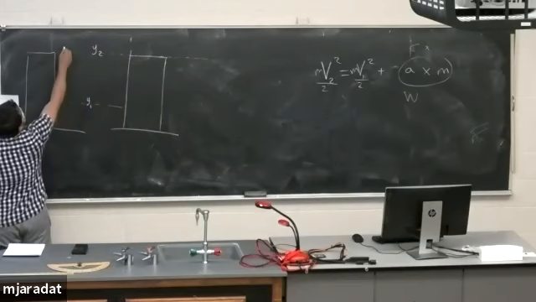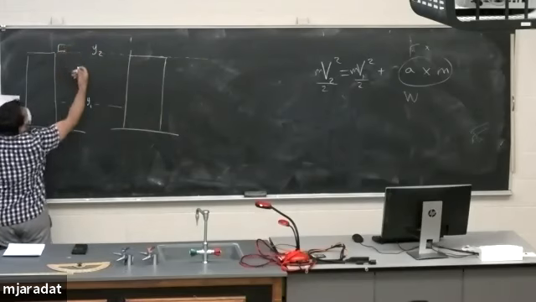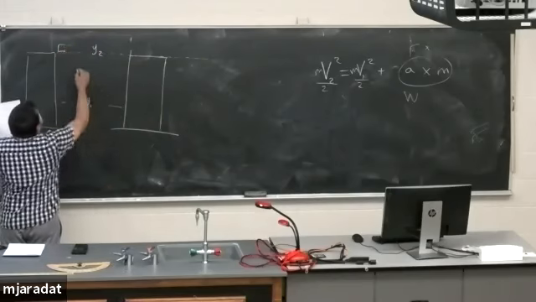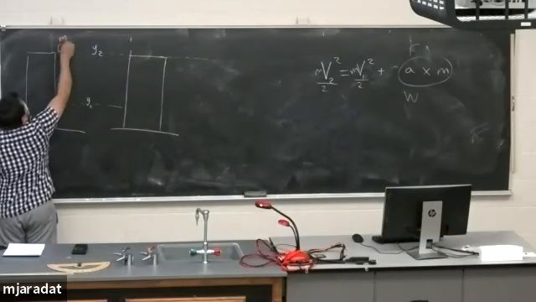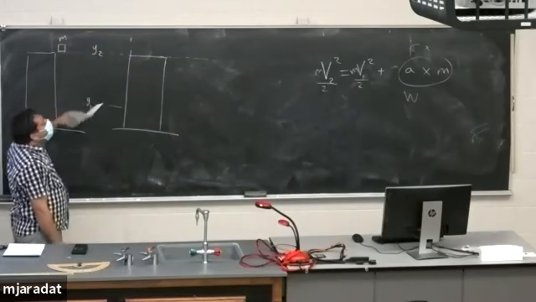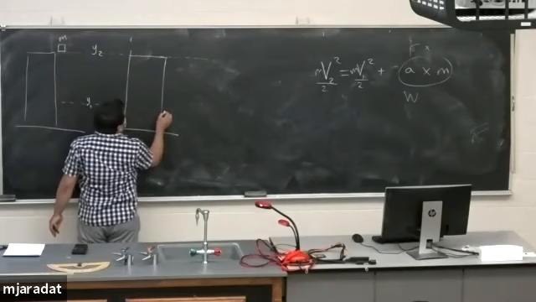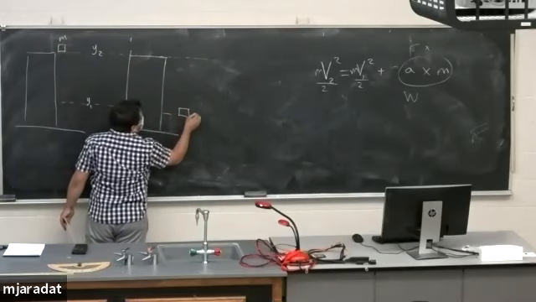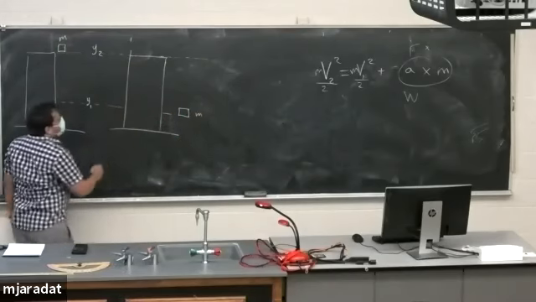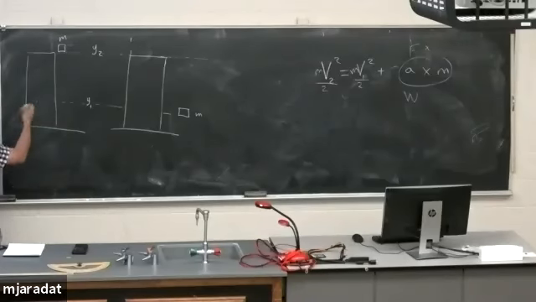We have a mass at y2. In the second experiment, we have this mass at y1. As we know, we have the gravity downward. We assume the positive direction upward. What we have also.